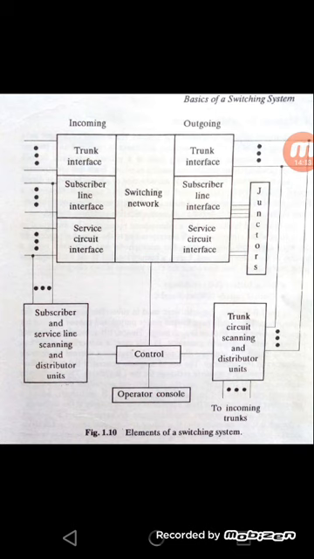Majorly we choose the incoming part and outgoing part. The incoming part has trunk interface, subscriber line interface and service circuit interface, and the outgoing part also has trunk interface, subscriber line interface and service circuit interface.